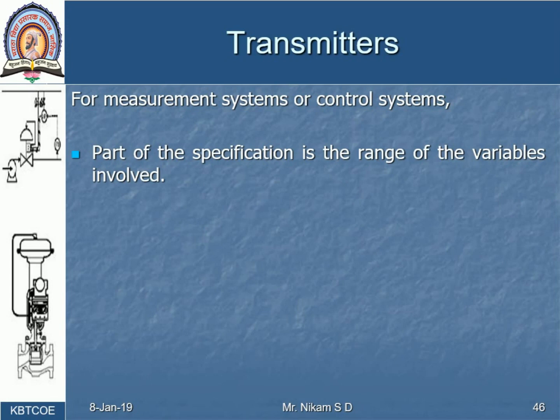There is one tank, I am going to maintain the level from 0 to 1 meter, 1000 mm, correct? But there is another tank, maybe you are having 0 mm to 5000 mm, 5 meter. So you have to define your range first, and that is a very important part. When you go into a process, you have to define this thing. So part of the specification is the range of the variables involved.